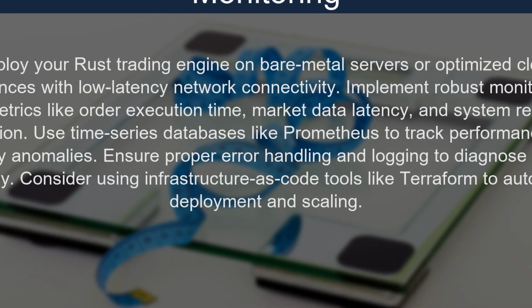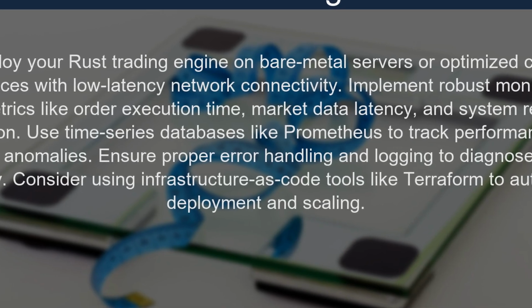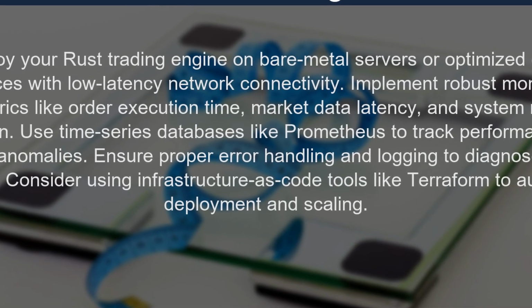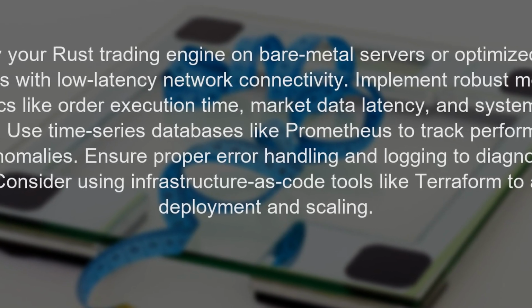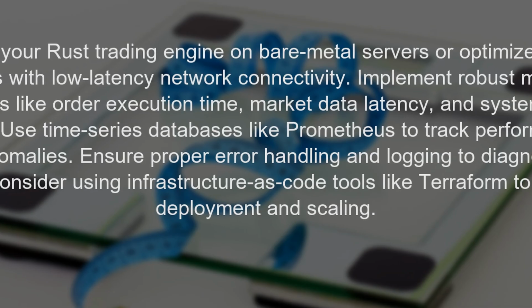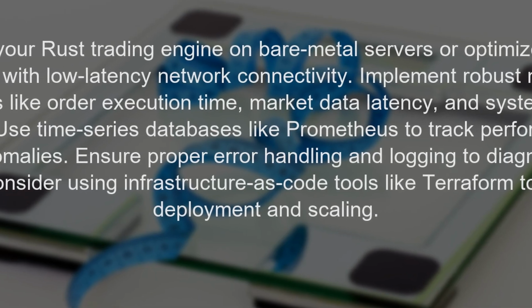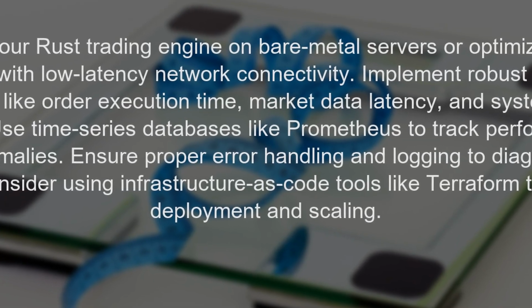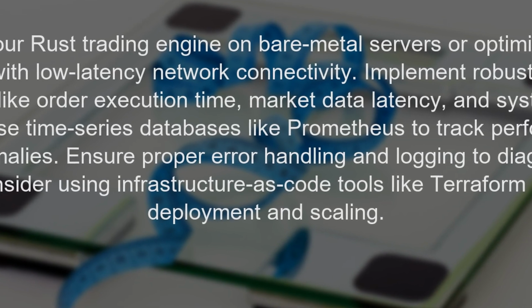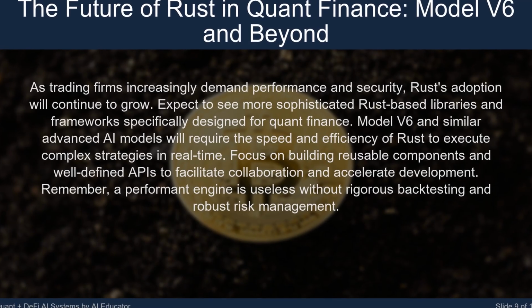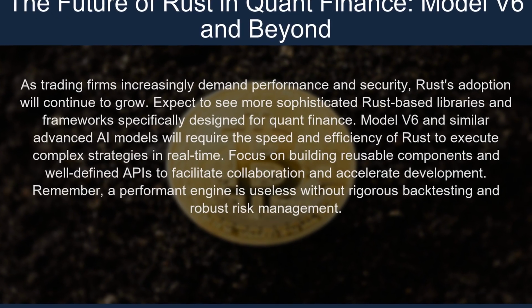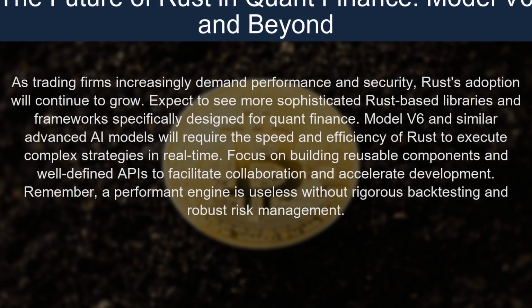Use time series databases like Prometheus to track performance and identify anomalies. Ensure proper error handling and logging to diagnose issues quickly. Consider using infrastructure as code tools like Terraform to automate deployment and scaling, as trading firms increasingly demand performance and security. Rust's adoption will continue to grow.